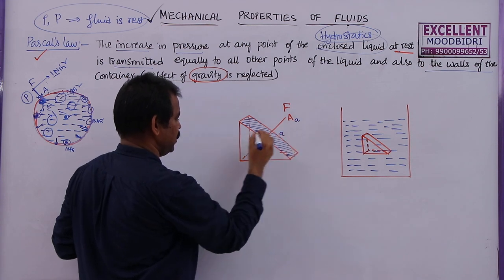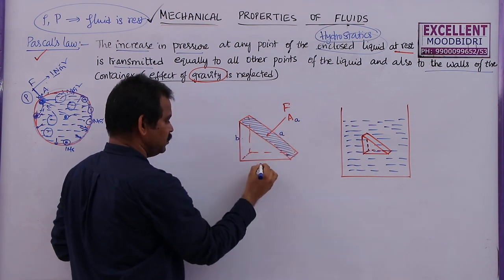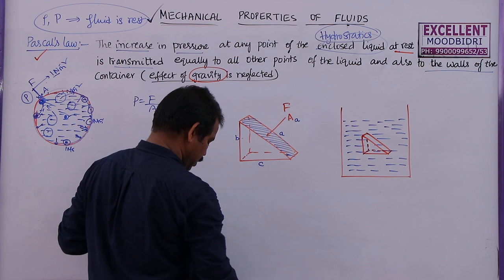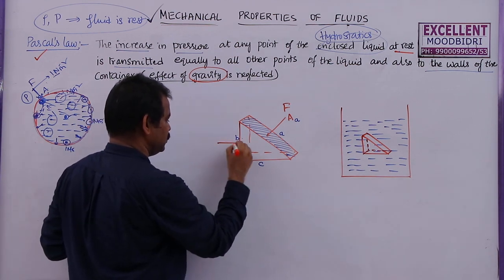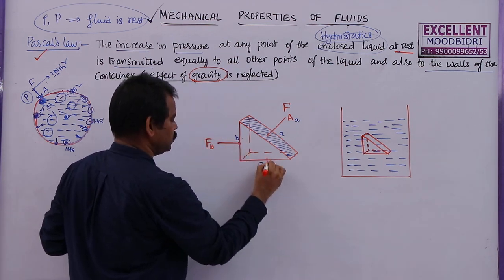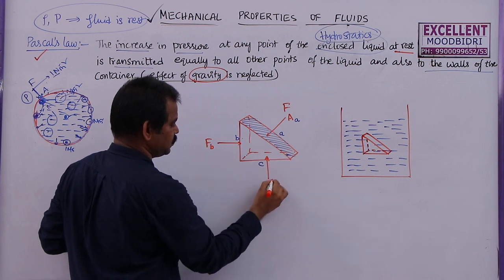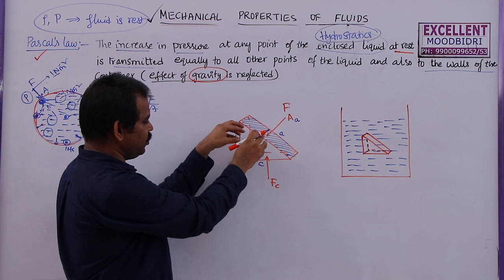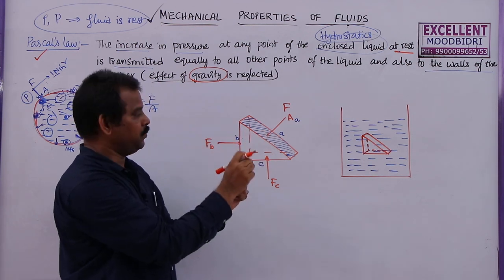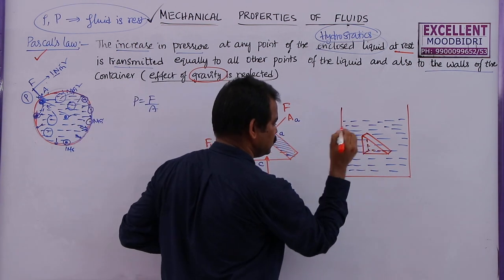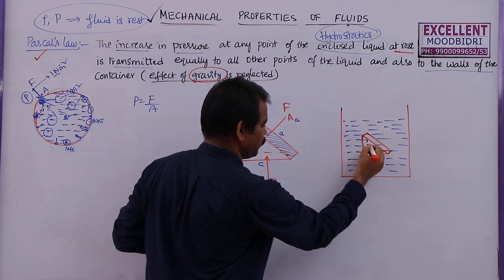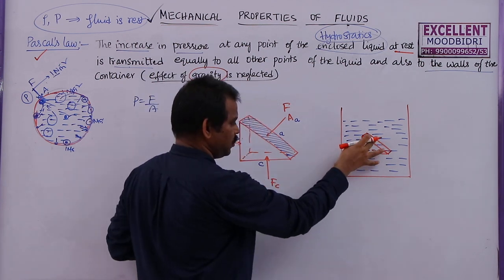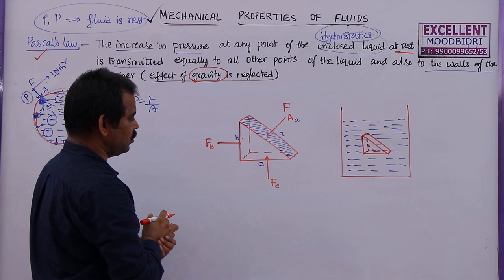That means this face is A, this face is B, this face is C. Now let the force acting on this surface, the bottom surface, be FC. Remember, once again I am telling, these three are very close to each other, almost at a single point. So actually this is a single point, but from that I am taking a small prism, and I am drawing a bigger, enlarged version of that one.